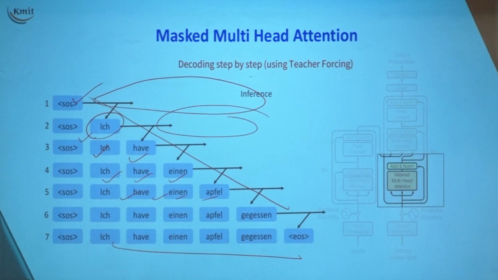The upper triangle. Why am I telling you this? Because in the coding, in the MHA block you have to use the TRIL function, which is upper triangular masking. Is that clear, everybody? Yes or no?